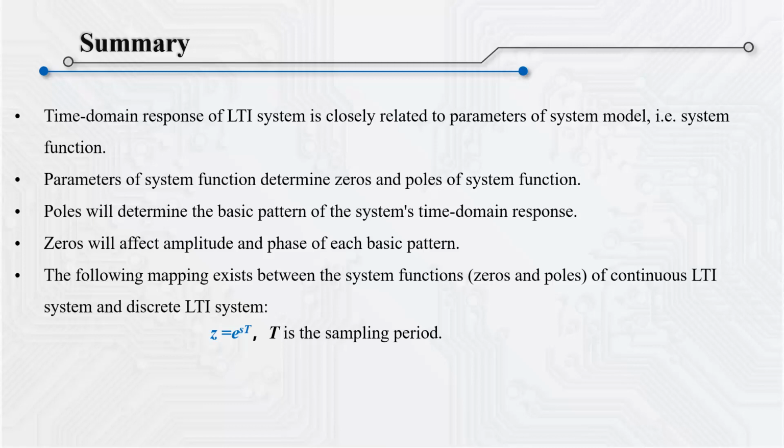Fifth, in this lesson, we have discussed the effects of zeros and poles on time domain response for continuous and discrete LTI systems, respectively. In fact, the features of time domain response of continuous and discrete LTI systems can be linked by such a mapping between the z-plane and the s-plane.